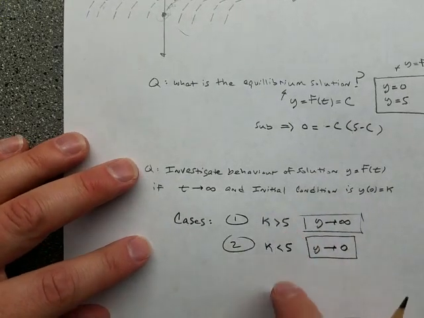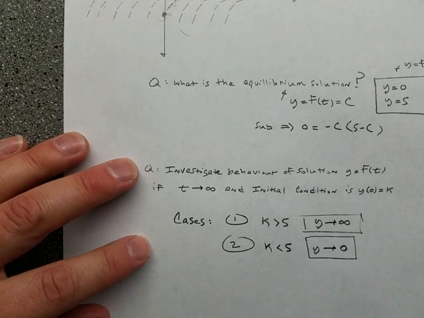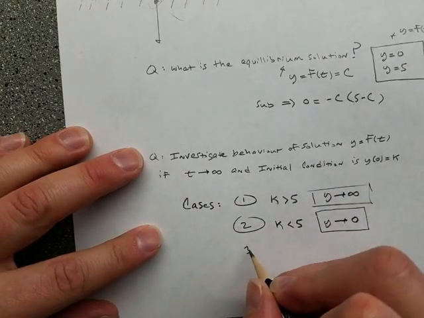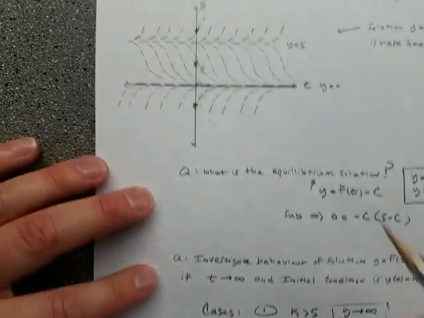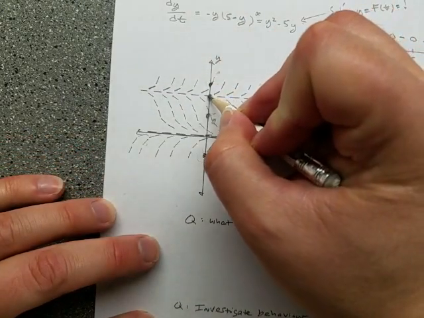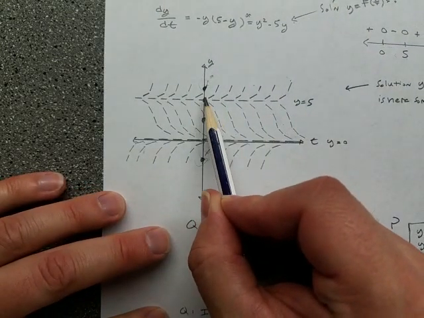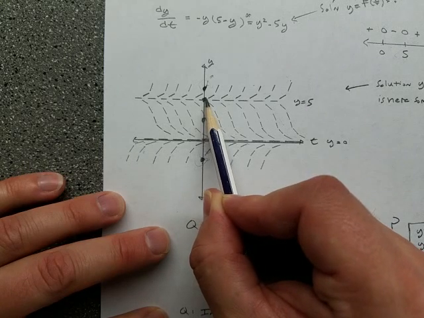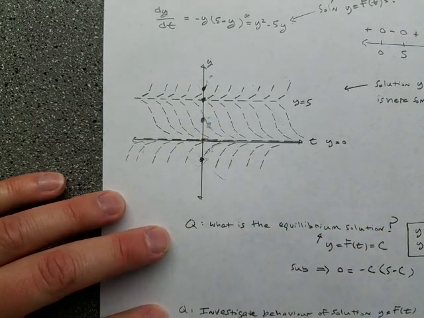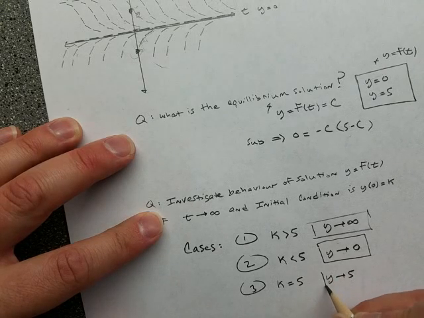Okay, so we got k greater than 5, k less than 5. What if k was 5? I guess that's the last case. Well, if your initial condition puts you there, then as I mentioned, you're stuck. The curve you're on right there is horizontal, so you go over and it's still horizontal, so you're stuck there. y would go to 5.